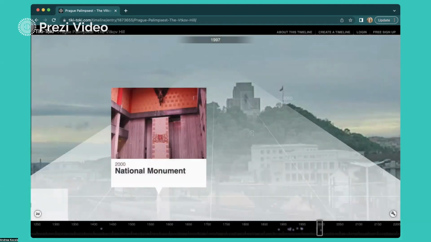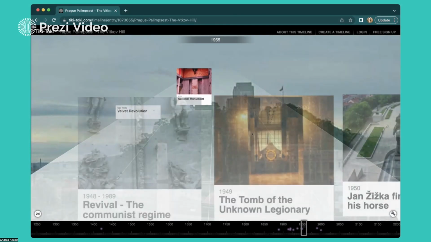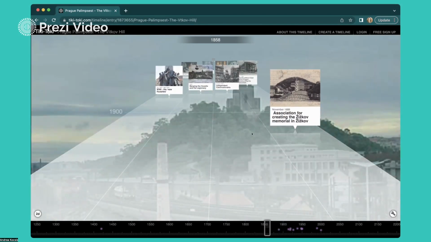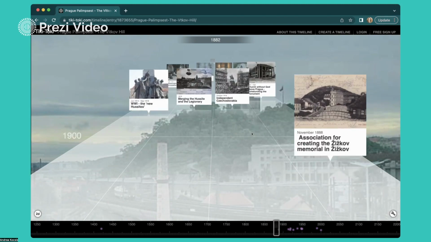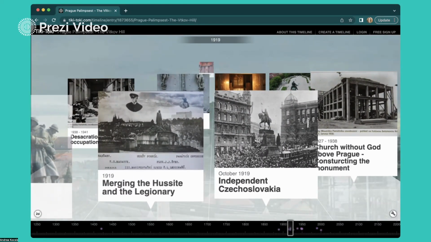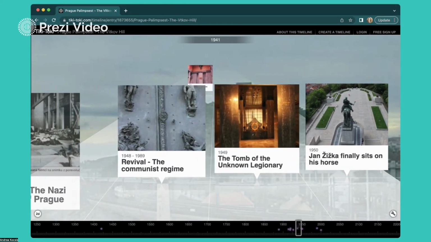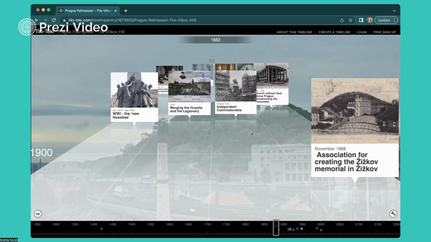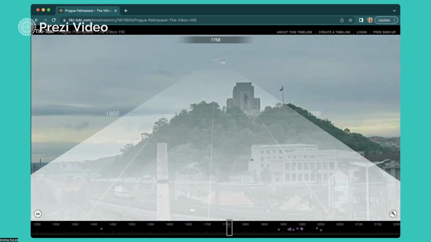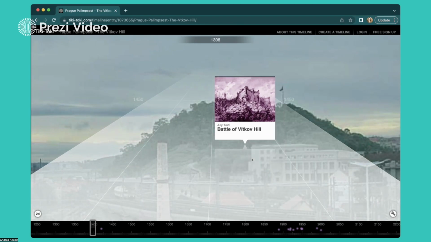And because we can see only the tip of the iceberg, it's understandable why it's hard to suddenly turn our back to all this complicated history and think about this place as the hill where Jan Žižka defeated King Sigismund, the emperor.